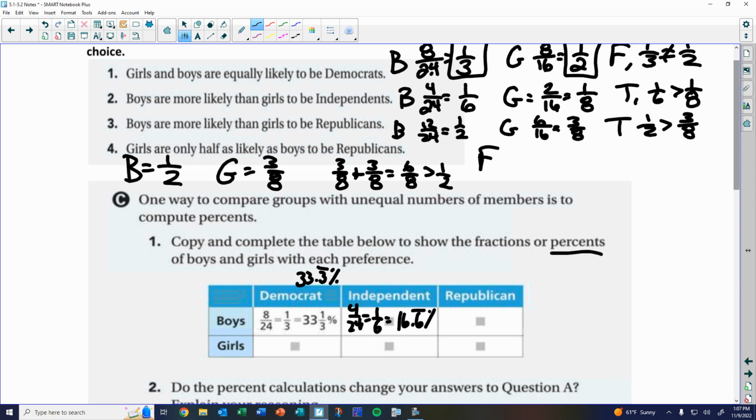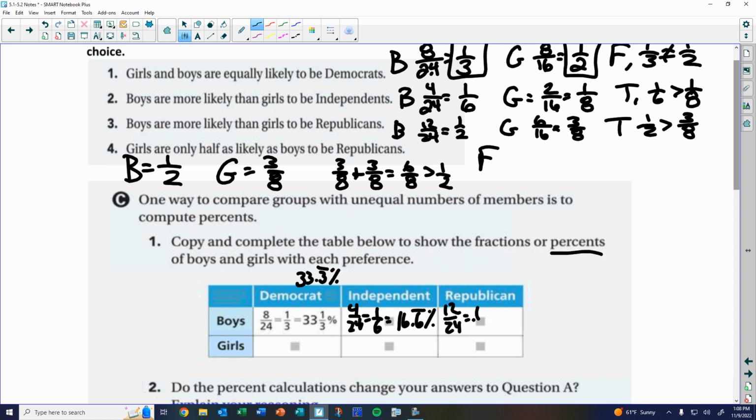Okay. So 0.6 repeating is 2/3, and 0.3 repeating is 1/3. What happens when I add 2/3 and 1/3 together? 1, right? And then 16 plus 33 is 49, and that 1 gives us 50. So that adds up to 50%. For the Republicans, that was 12 out of 24, which is a half.